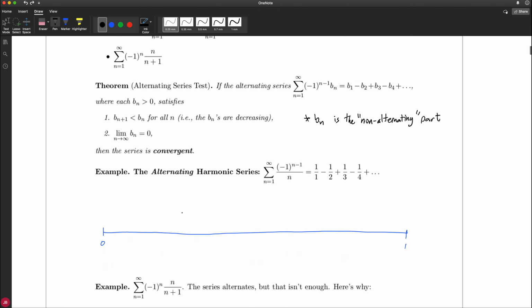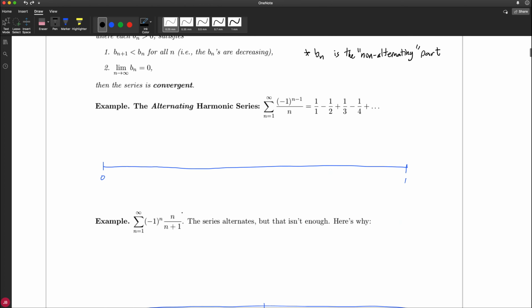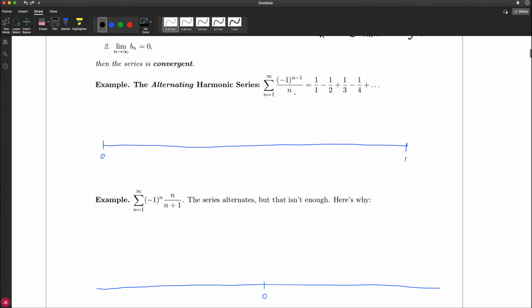This first example we're going to look at is the alternating harmonic series. So you see, it looks a lot like the harmonic series. You have 1, 1/2, 1/3, 1/4, but they're not all being added up, right? When they're all added up, we know that the harmonic series diverges. But the alternating harmonic series, well, let's see what happens. The first partial sum is just 1, way over here.